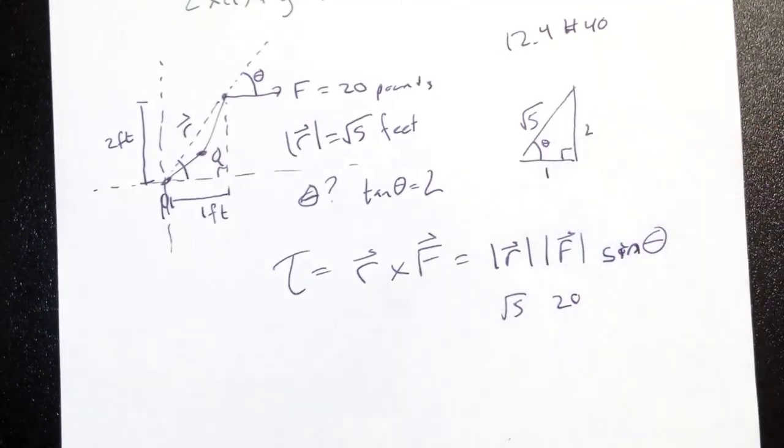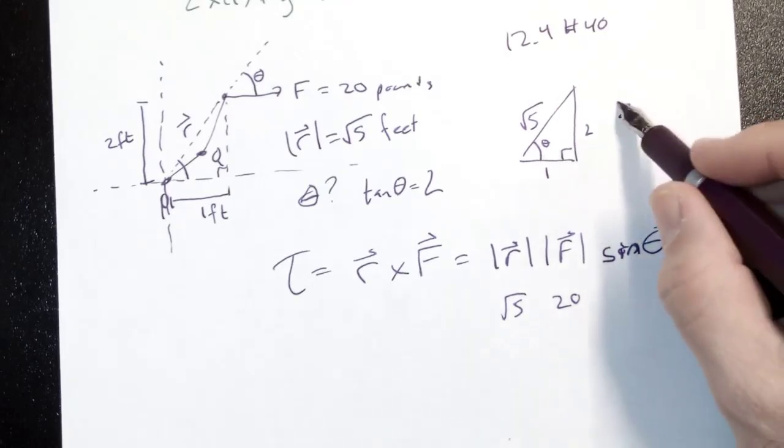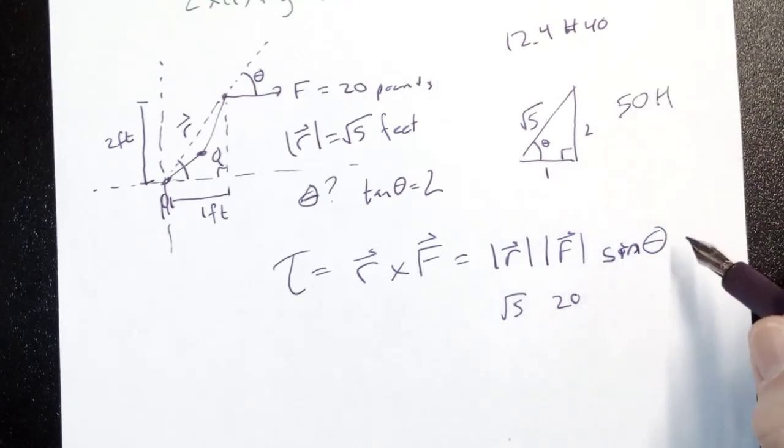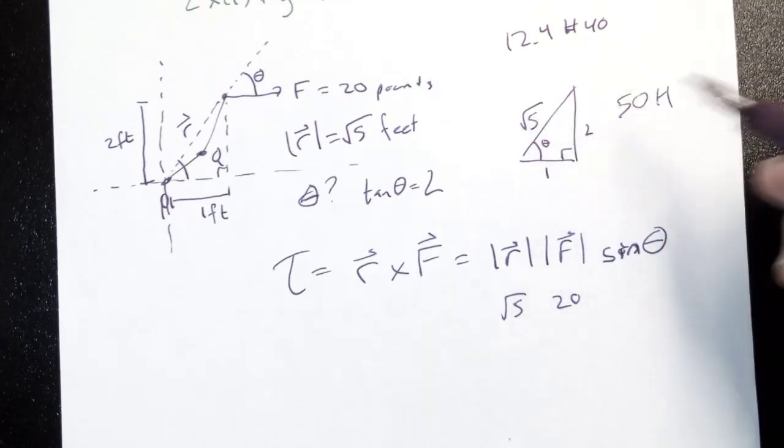What's the sine of that angle? Just use the triangle. Which 2 sides? Sine is opposite over hypotenuse: 2 over square root of 5.